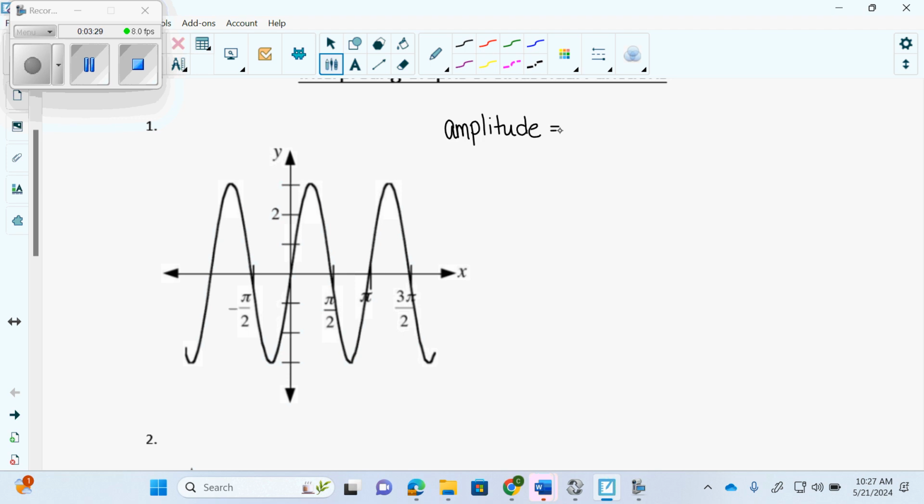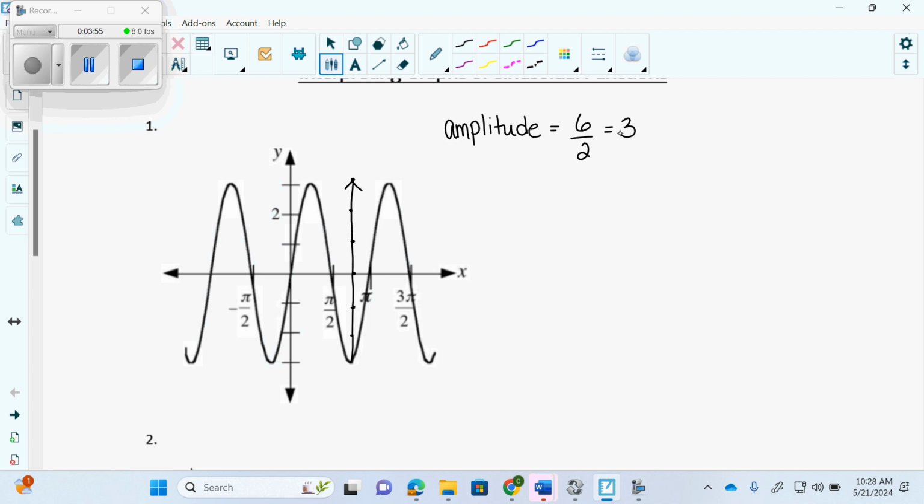So what is my vertical distance from here to here? If I count it, it's 1, 2, 3, 4, 5, 6. It's a vertical distance of 6, correct? Yeah? And what's 6 divided by 2? 3. So the amplitude is 6 divided by 2, which equals 3.